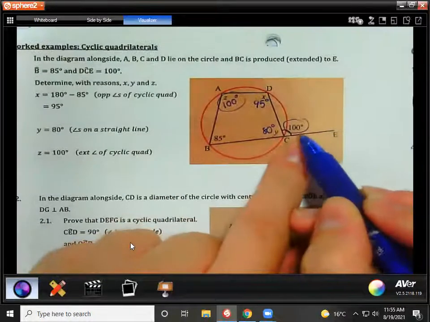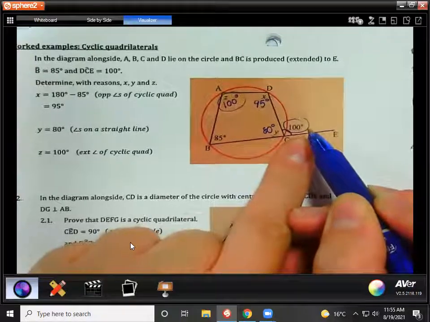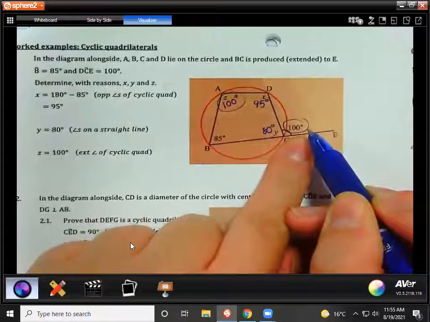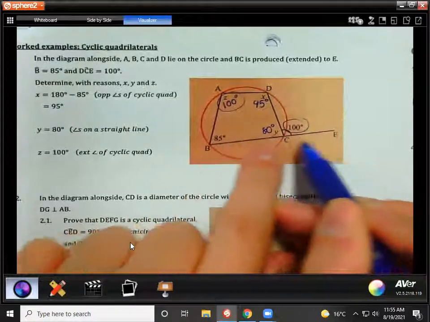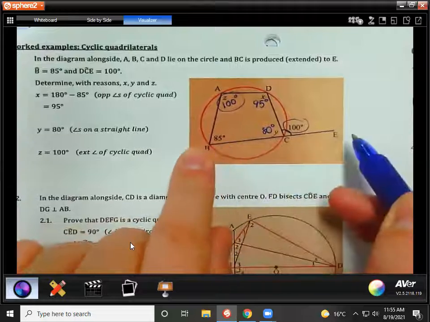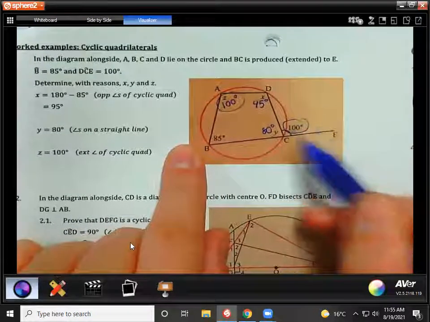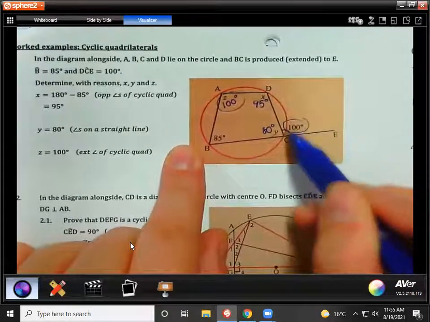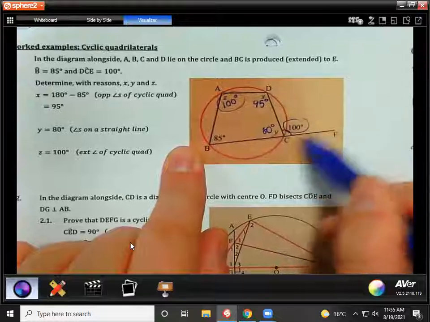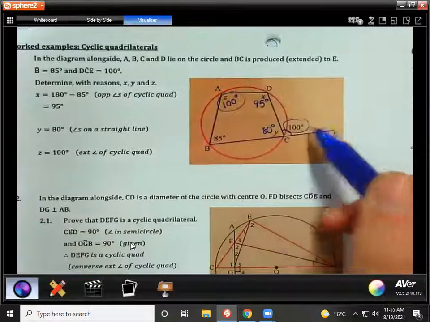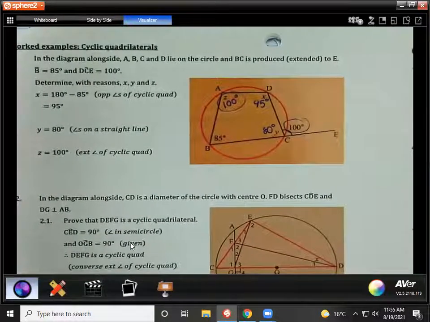This angle on the outside here is actually an exterior angle of the cyclic quad. It's a side of the cyclic quad that has been lengthened, and that angle is on the outside. So this angle DCE is an exterior angle of the cyclic quad, and that is another theorem that we don't have to prove, but we need to be able to use it.